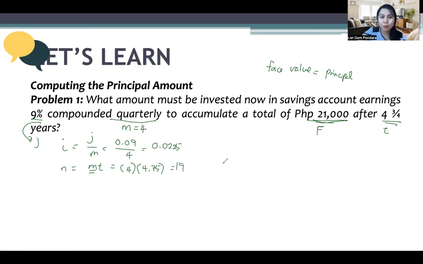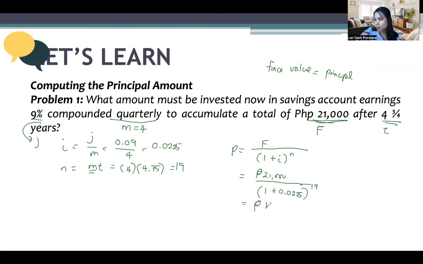Now let's solve for the principal. I prefer the one with the division. F over 1 plus i to the power of n. So our F is 21,000. Divide all by 1 plus i to the power of n.